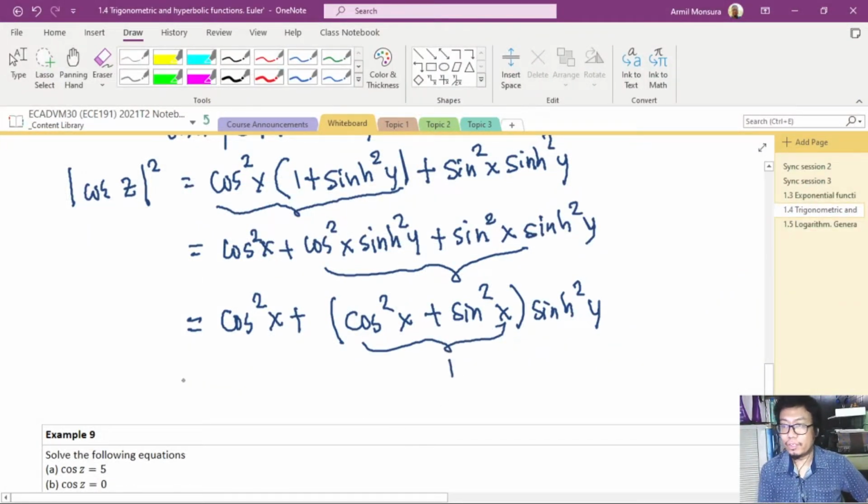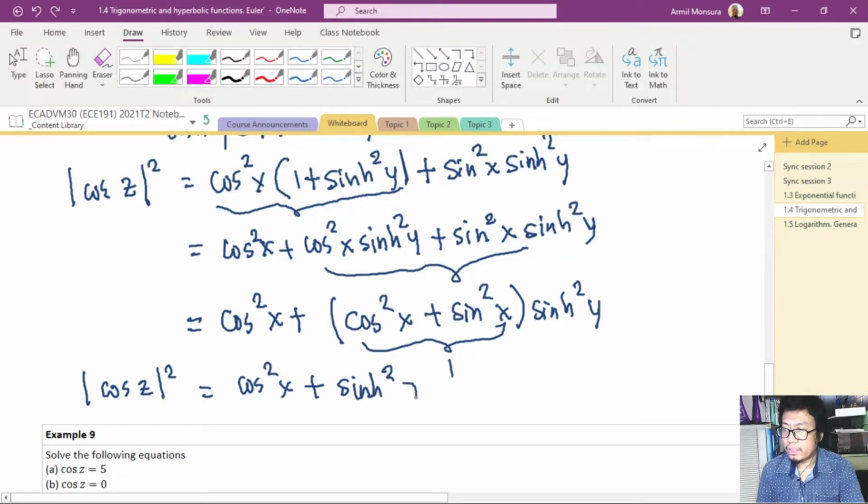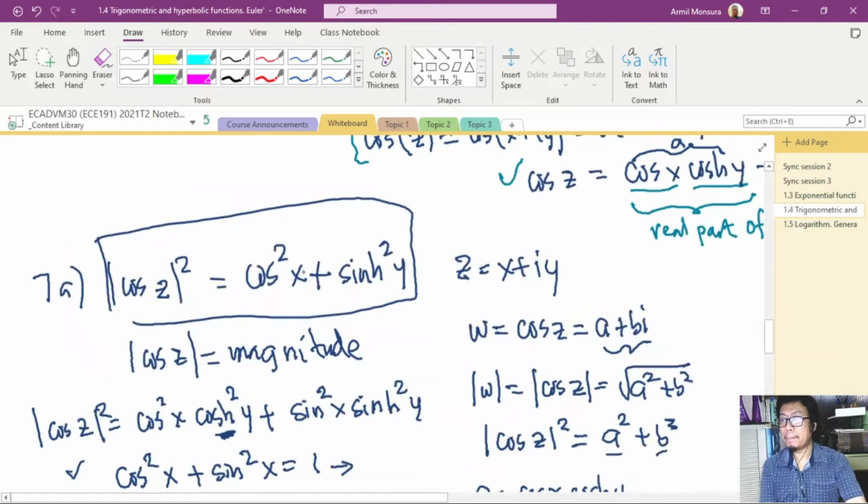And therefore, that establishes that the magnitude of cosine z squared is equal to cosine square x plus hyperbolic sine square y, which is what is required for us to establish. And this is formula 7a.